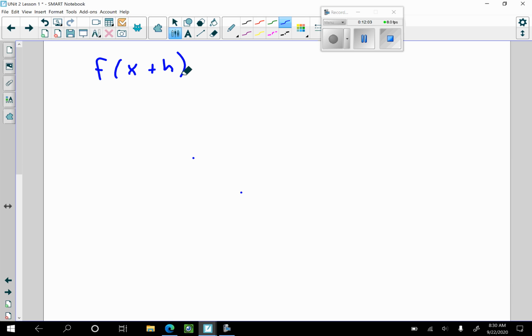Okay, so let's consider, and I'll do a problem similar to what's on the assignment. So let's look at this function right here. Negative 2x squared plus 3x minus, I don't care, 5. And I want to find f of x plus h. What I'm going to do is, wherever I see x, I'm going to put this x plus h.